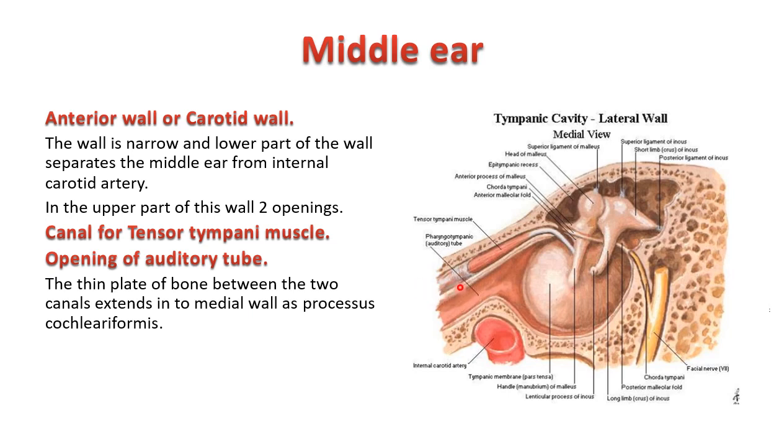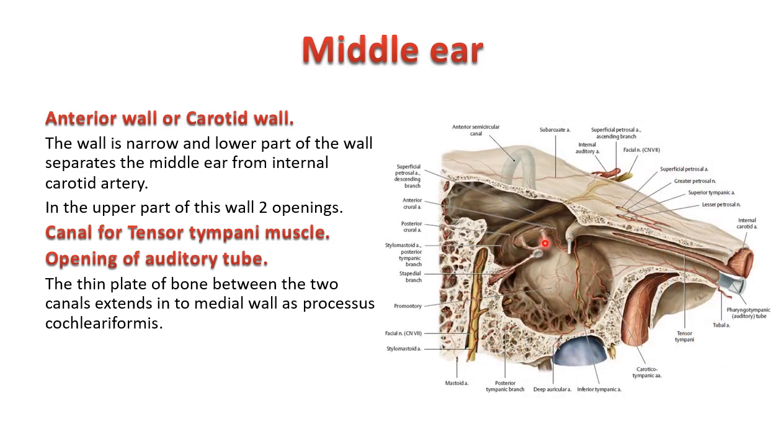So that is the thin plate of bone between the auditory tube and the canal for tensor tympani, which turns medially as the processus cochleariformis. That is the processus cochleariformis you see here, and the other one is the opening of the auditory tube.